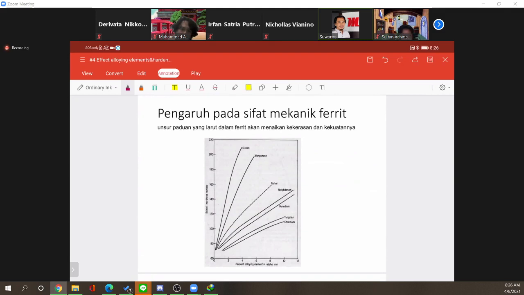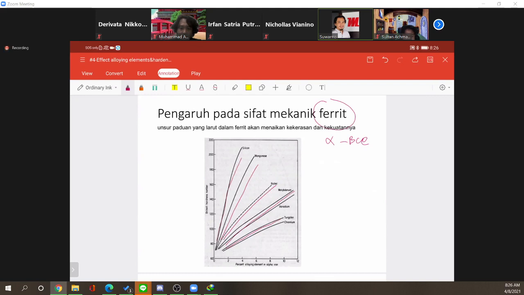When we would like to see the total impact of alloying elements on the mechanical properties of an alloy, let's take a sample of a ferrite microstructure. Ferrite is alpha, and this is basically a BCC alloy. Most alloying elements are increasing the strength.